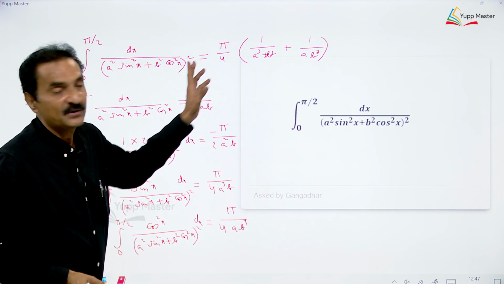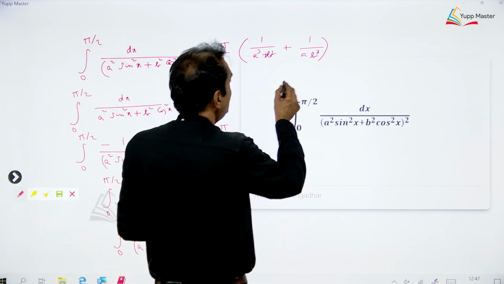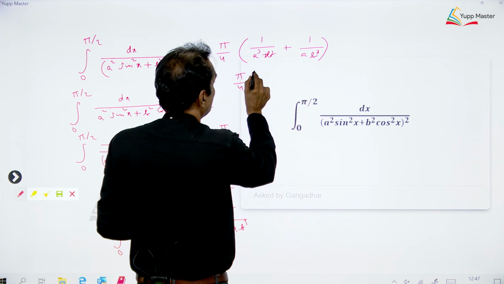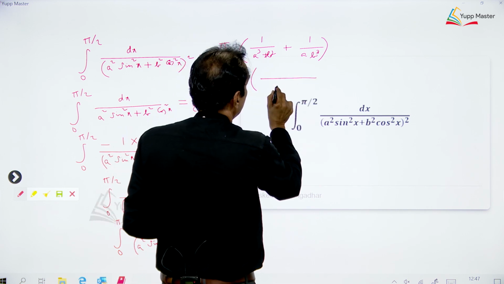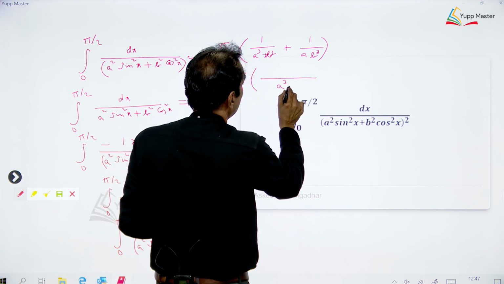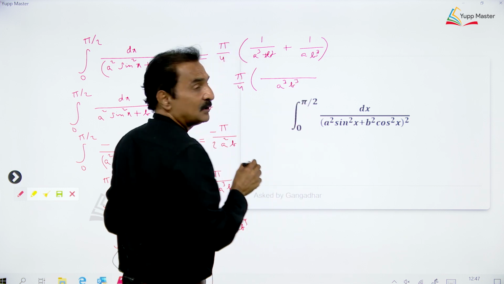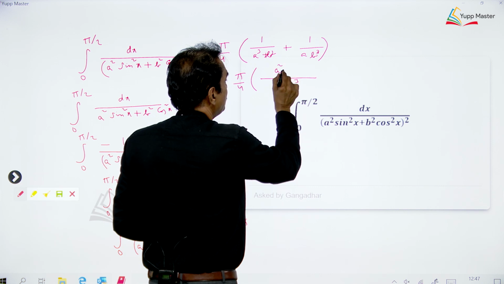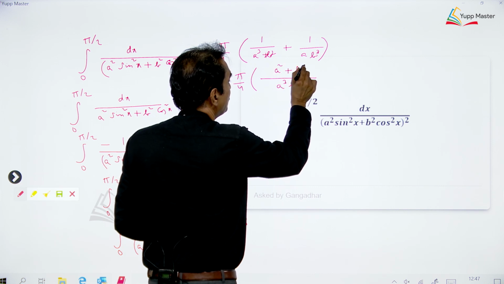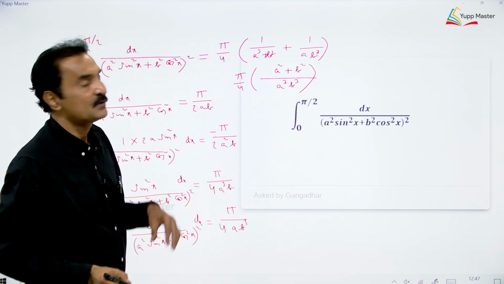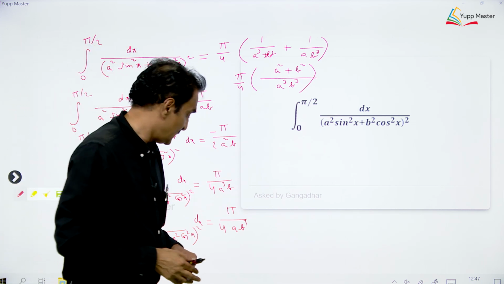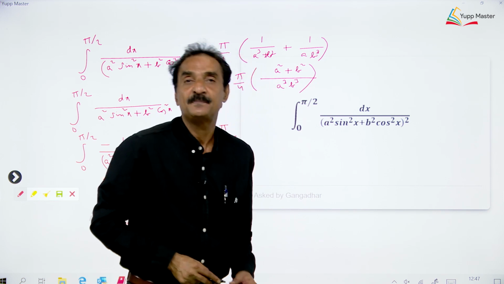Taking a cube b cube LCM, the numerator will be a square plus b square. So, the answer is this.